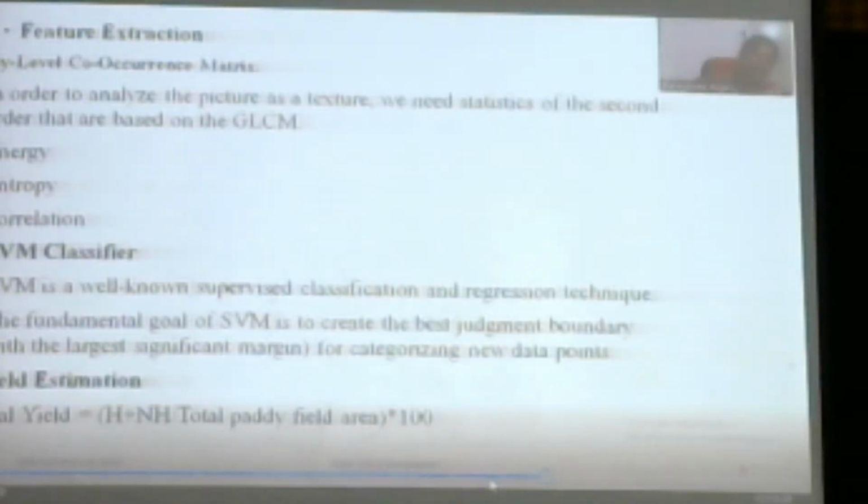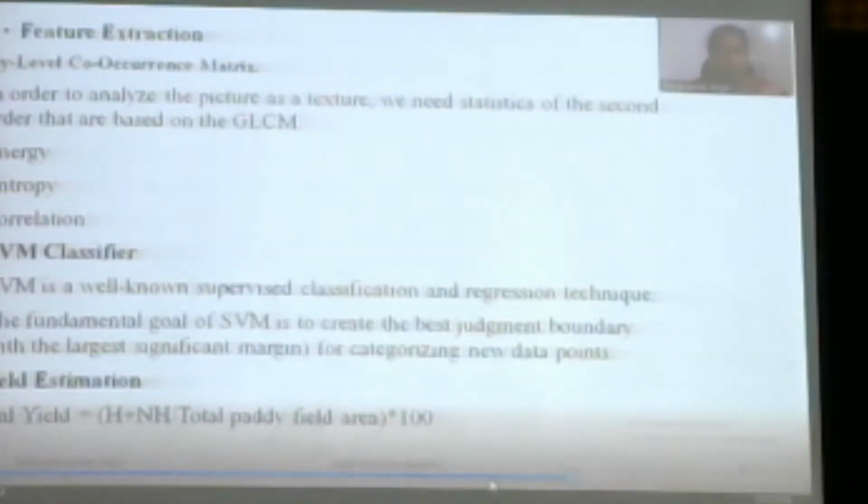The SVM classifier uses the knowledge base to extract the characteristics of how a healthy field should be and how an unhealthy or nitrogen deficient field should be. After extracting this knowledge, it classifies healthy and unhealthy.